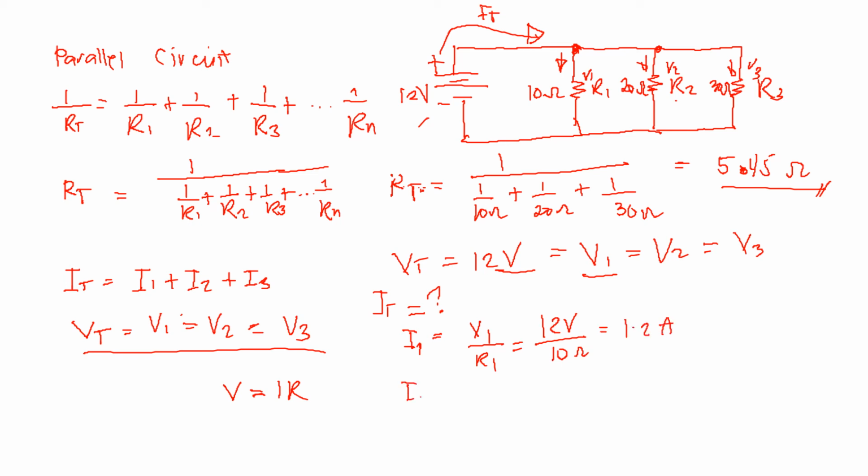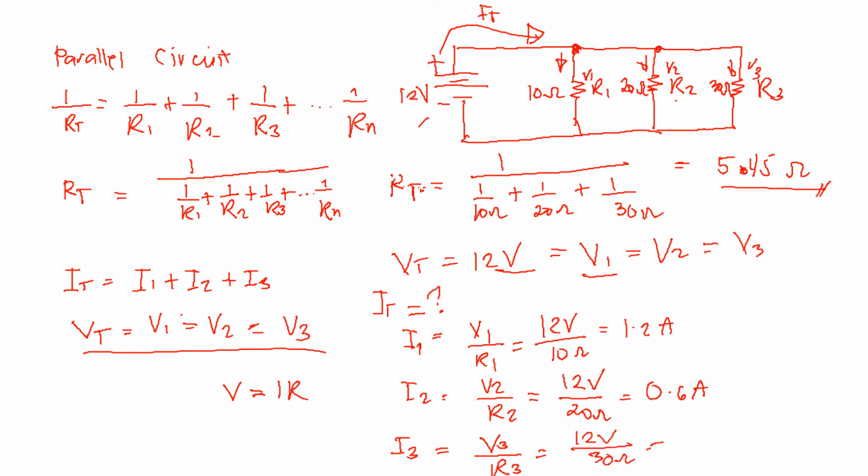Now we solve for I2. I2 is equal to V2 over R2, so 12 volts over 20 ohms. The value is 0.6 amperes. And for I3, it's V3 over R3, so it's just 12 volts over 30 ohms, and that is 0.4 amperes.